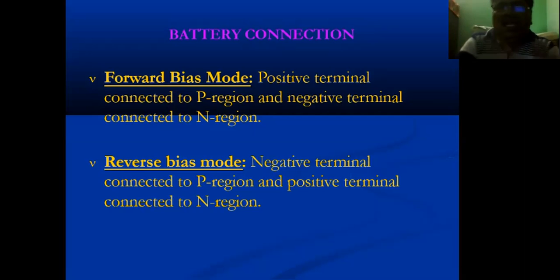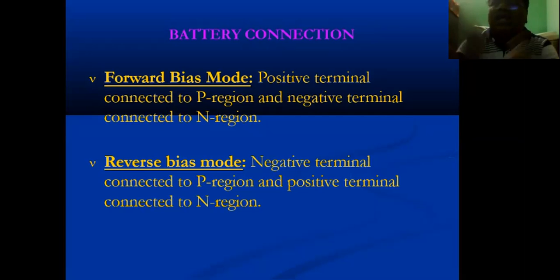Okay. So here, forward bias means the positive terminal of the battery is connected to the P region and the negative terminal of the battery is connected to the N region. That is called forward biasing mode. Next, what is the reverse bias mode? The negative terminal of the battery is connected to the P region and the positive terminal of the battery is connected to the N region.